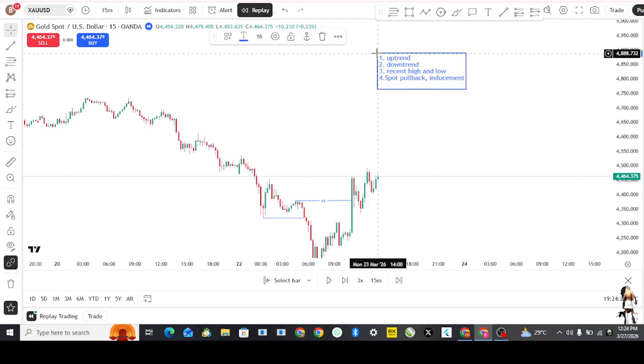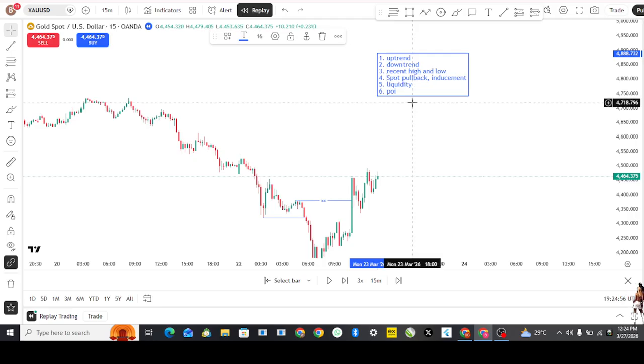Then after that, you look out for liquidity. Any liquidity, look out for liquidity. Then also you look out for your POI, that is, your point of interest. Understand? You look out for your point of interest.